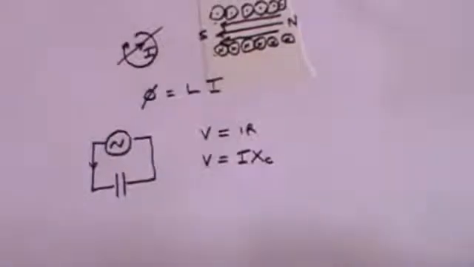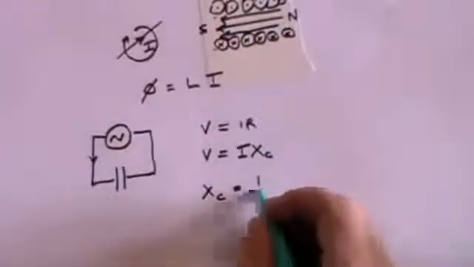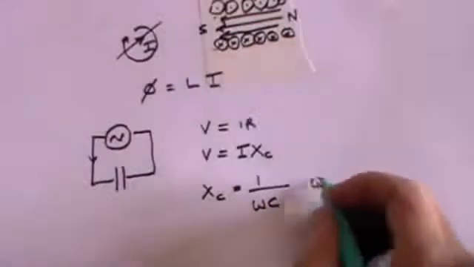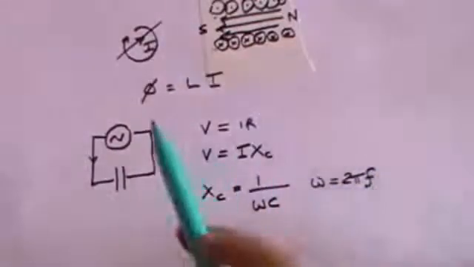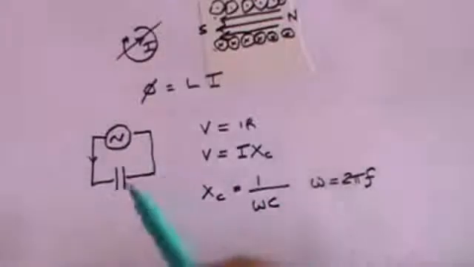And by experiment it is found that XC is equal to 1 divided by omega C, where omega equals 2 pi f. And f is the frequency of the alternating current, the number of cycles per second. And C is just the capacitance of the capacitor.